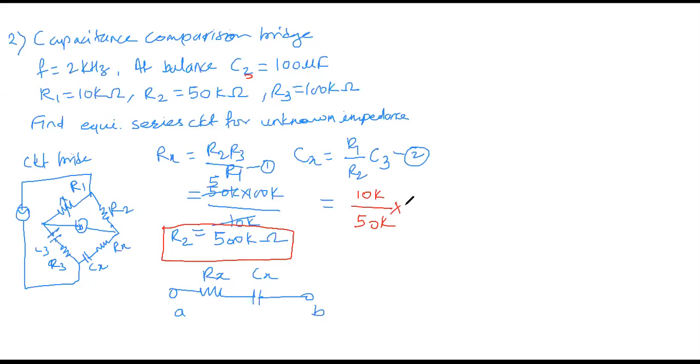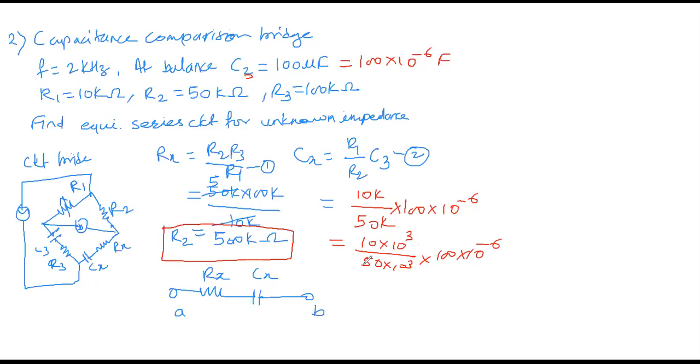Okay, so we'll convert that microfarad into farad. So 100 into 10 raised to minus 6 farad. Okay, so here we'll write 100 multiplied by 10 raised to minus 6. So Cx will be how much? 10 into 10 raised to 3 divided by 50 into 10 raised to 3, times 100 into 10 raised to minus 6.